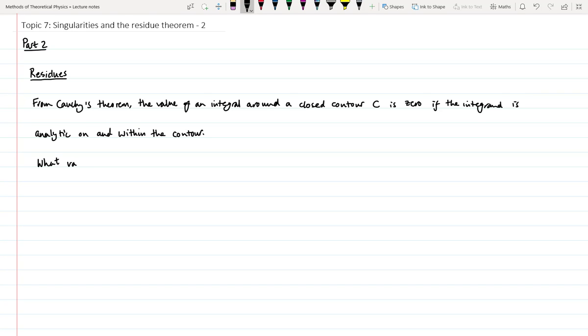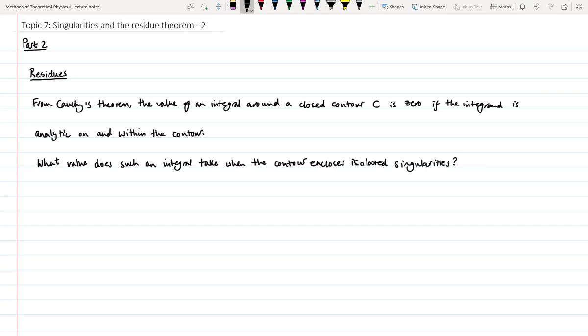So the question is, what value does such an integral take when the contour encloses isolated singularities, which are points where the integrand fails to be analytic?